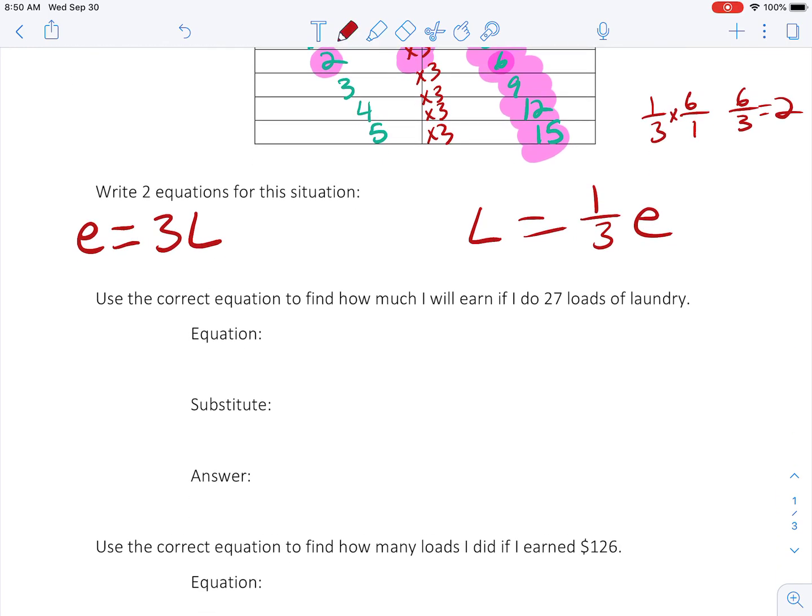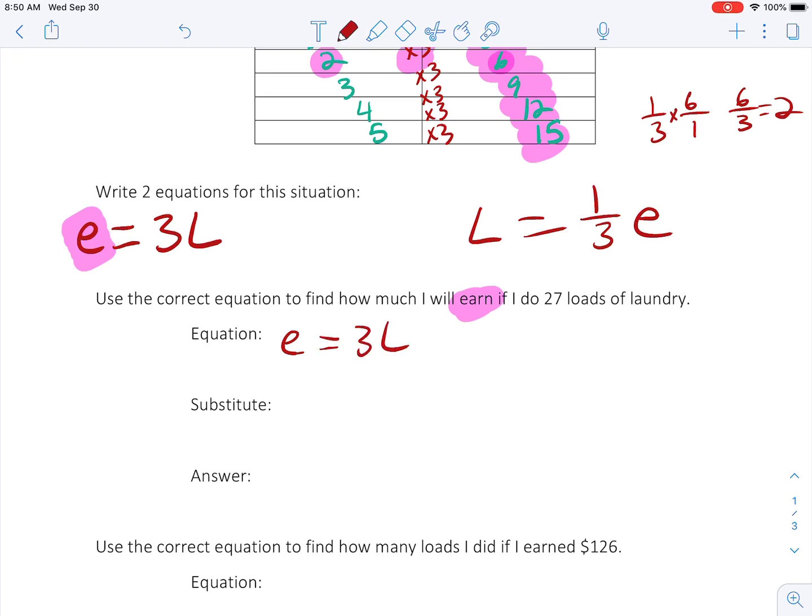All right, the next problem says use the correct equation to find how much I will earn if I do 27 loads of laundry. Well, they want to know how much I earn. So I'm going to start off with the equation that is looking for E. So E equals 3L.